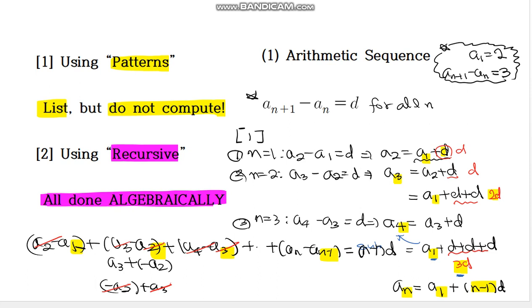Pretty much everything goes away except the first term and the last term, An. Therefore, what you have here is An minus A1 equals n minus 1 times D, and this means An is equal to A1 plus n minus 1 times D, right? So whichever way you go, you get the same result.